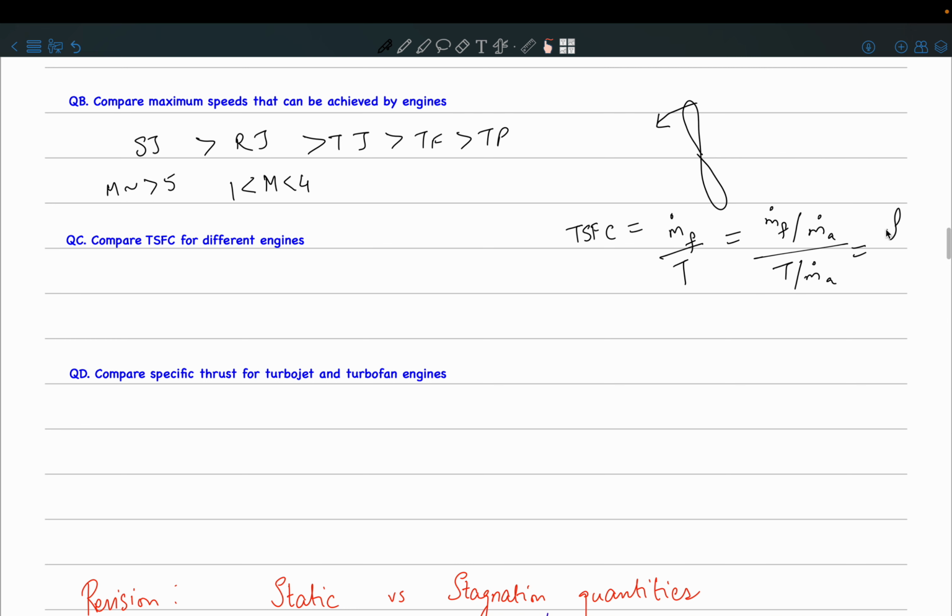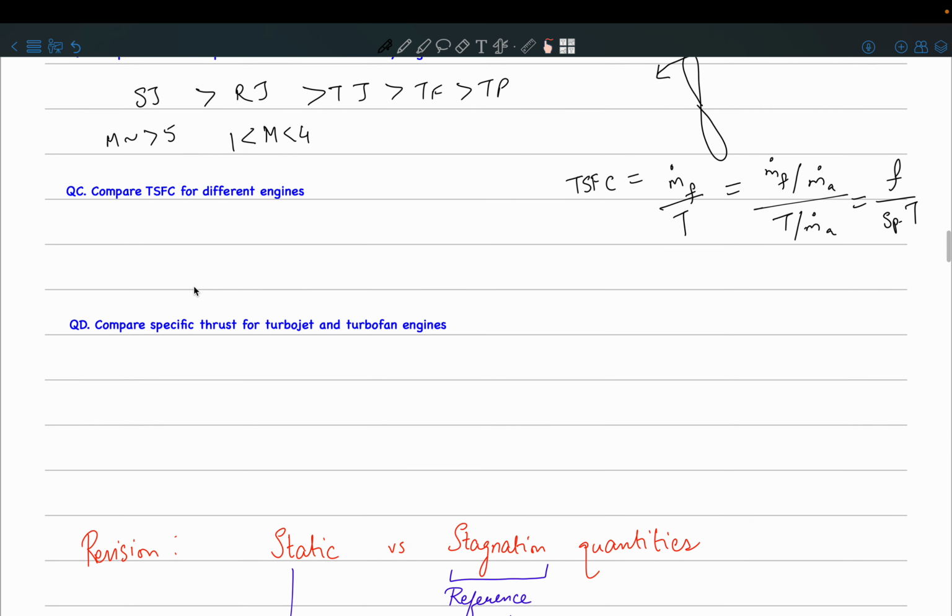Which is nothing but m dot f by m dot a divided by T by m dot a, which is the specific thrust. Okay, so now what is the TSFC for these different engines? Compare the fuel consumption for these different engines.